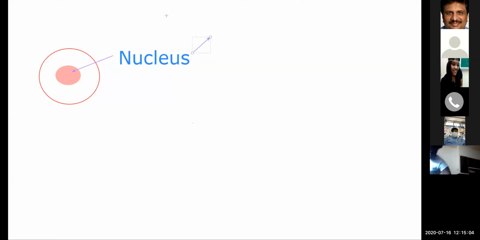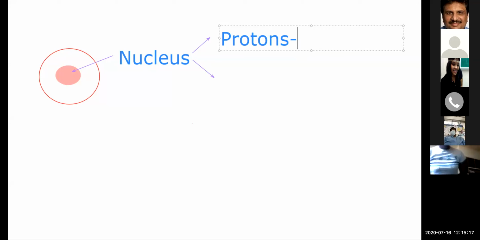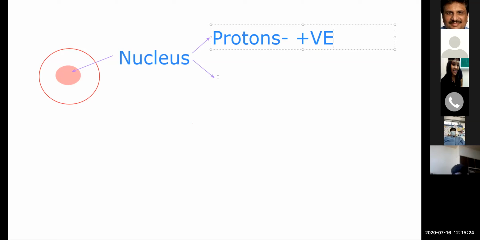Number 1 is protons, which are positively charged, and the second particle present in the nucleus are neutrons, and neutrons are neutrally charged.